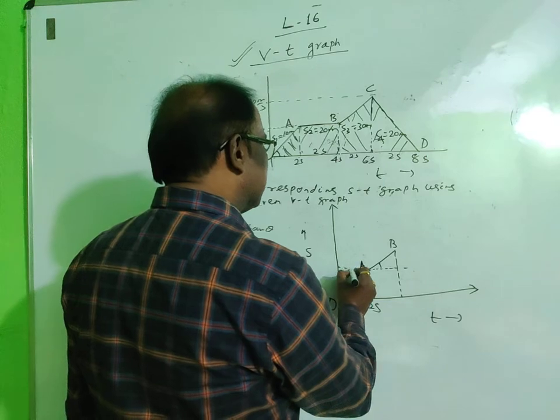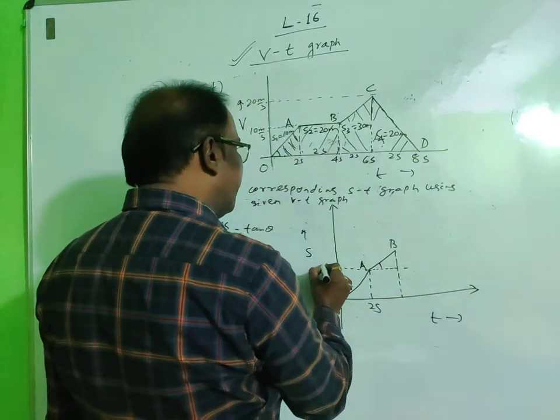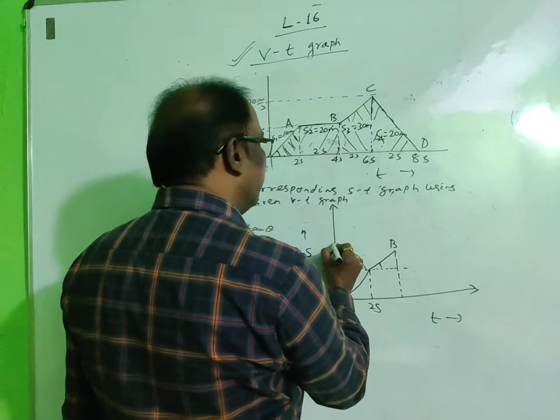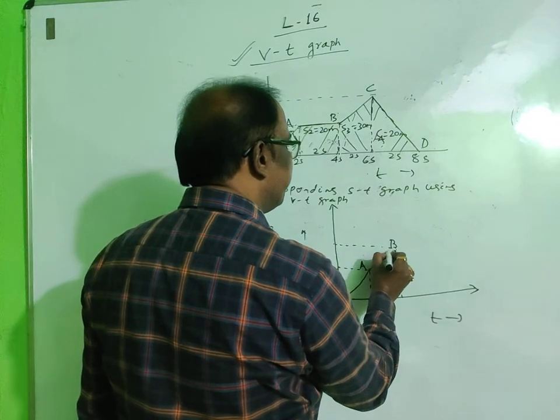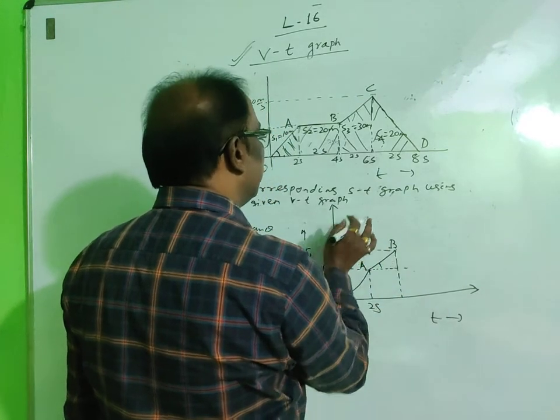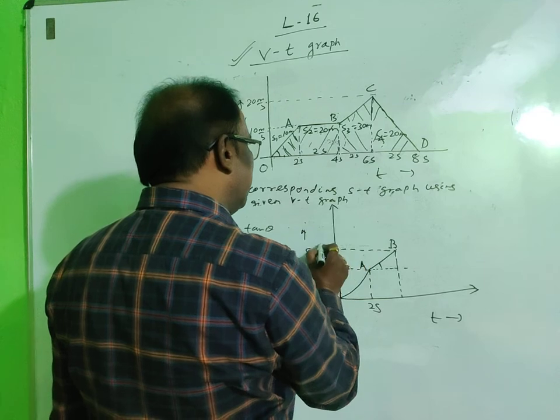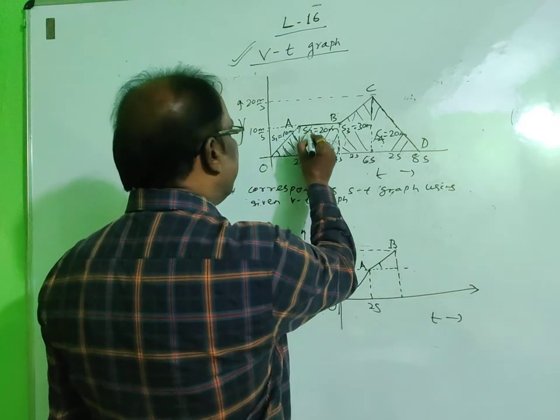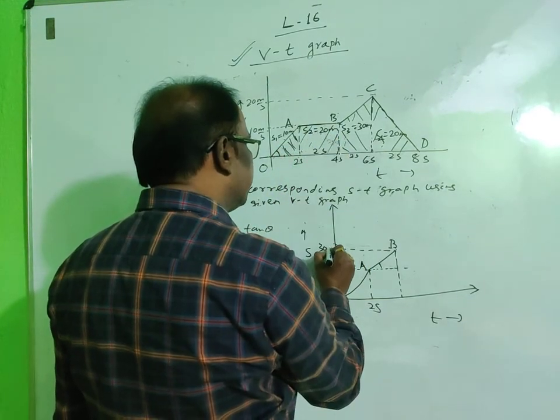And the first distance is 10 meter, then the distance is 20 meter, so the total distance is 10 plus 20, 30 meters.